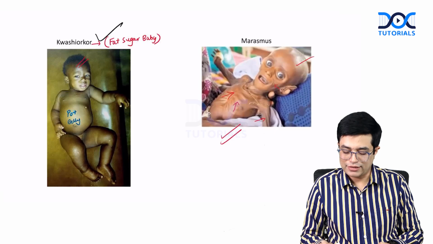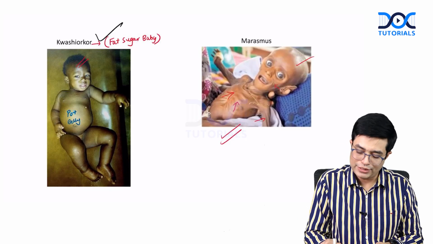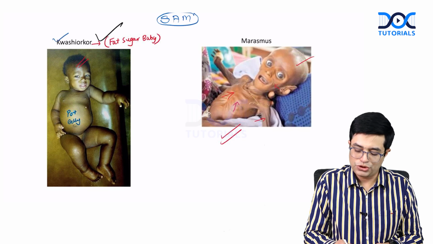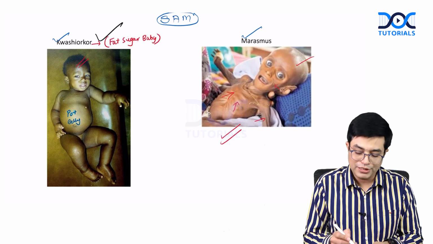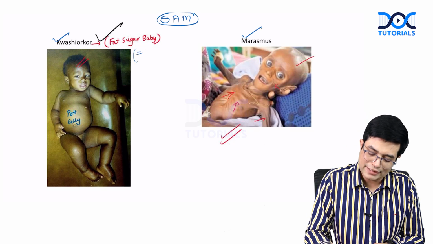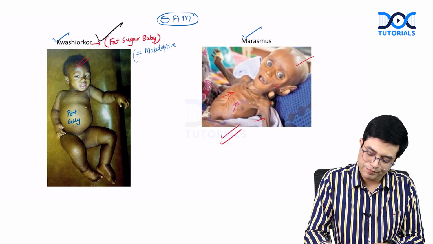So what are the things about this that you should know? There are 2 varieties of severe acute malnutrition, also called SAM. One is kwashiorkor, second is marasmus. Kwashiorkor is also called the sugar baby, and it is also called maladaptive PEM, because they fail to adapt properly.